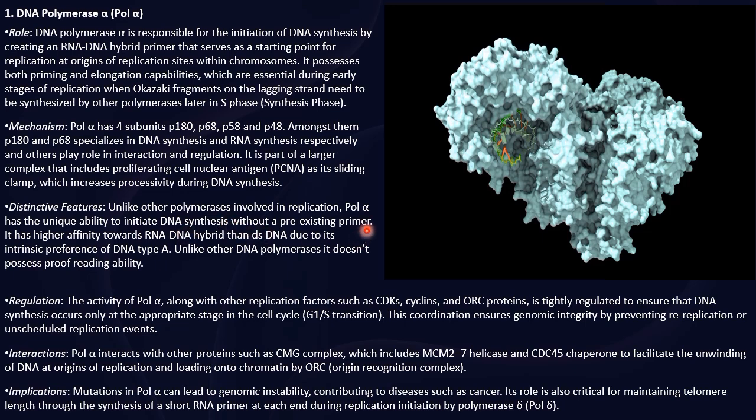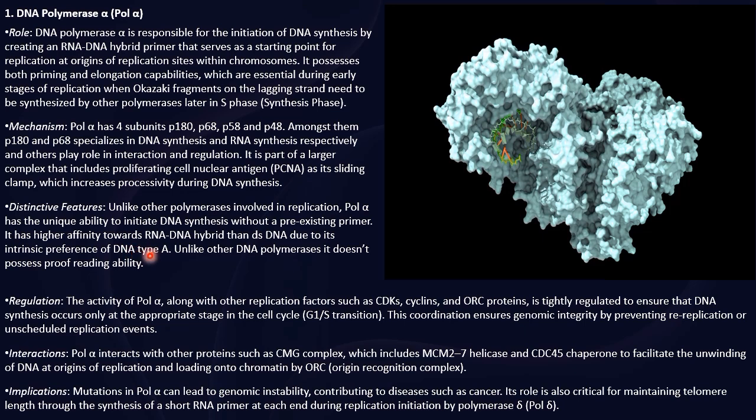This is because it has higher affinity towards RNA-DNA hybrid than double-stranded DNA, which means the P180 subunit and P60 subunit have higher binding affinity towards the RNA-DNA hybrid than the double-stranded DNA itself, due to its intrinsic preference for DNA type A.